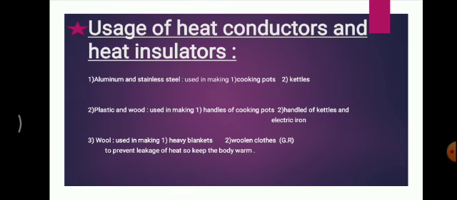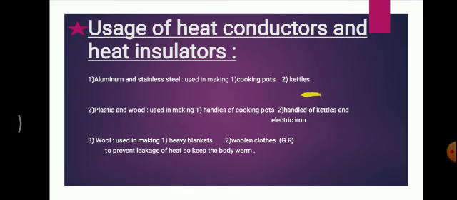As we said before, aluminum and stainless steel are good conductors of heat, so they allow heat to flow through. So we can use aluminum and steel in making, number one, cooking pots, and number two, kettles.